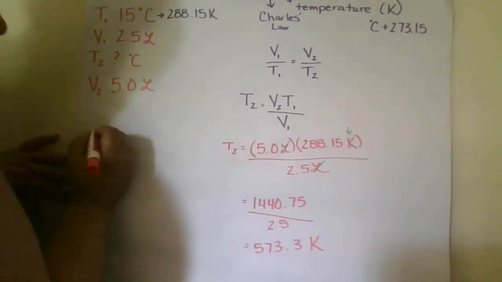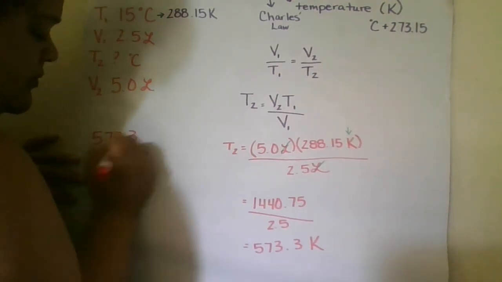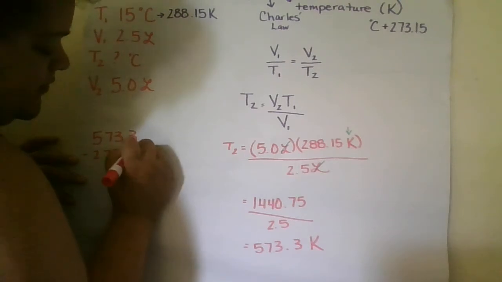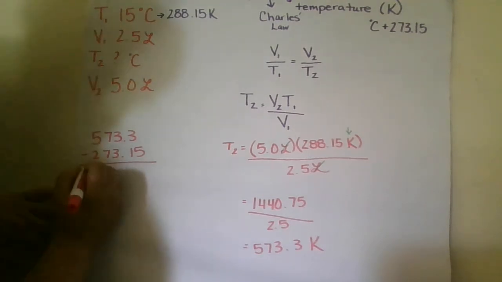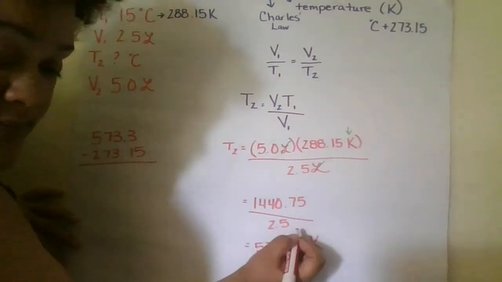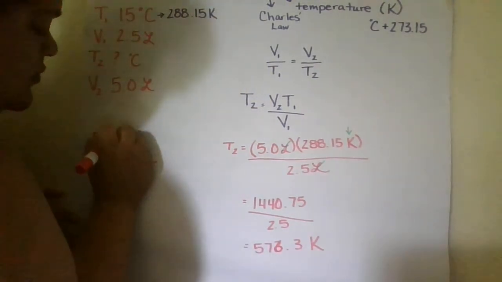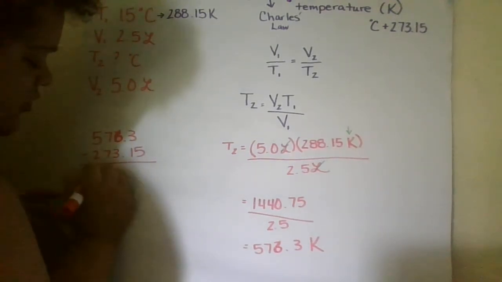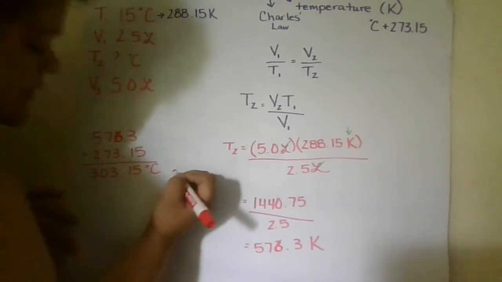So to do that, we would take our Kelvin temperature and subtract the 273.15, which then leaves us with 303.15 degrees Celsius.